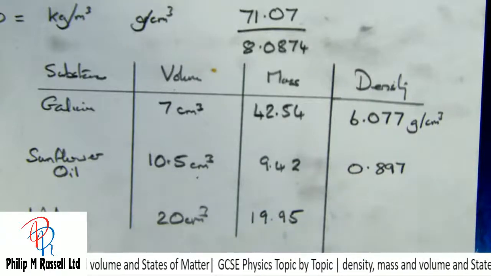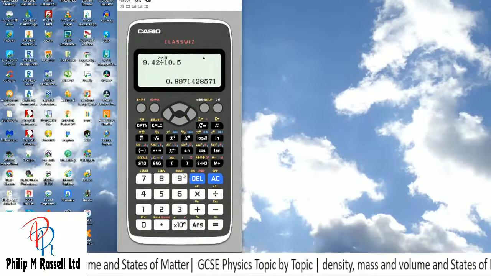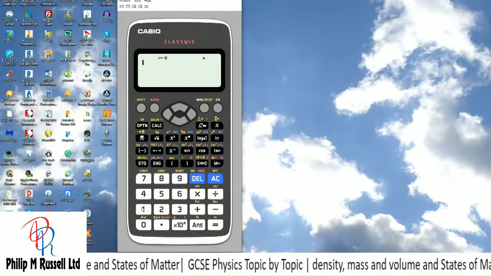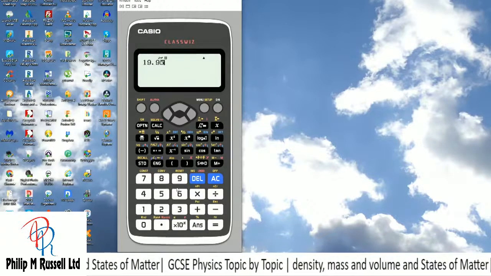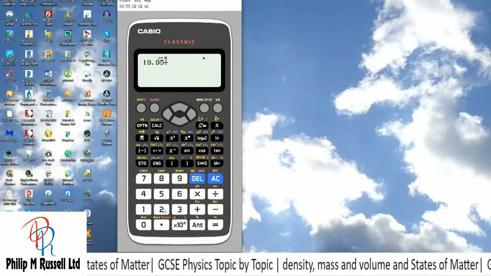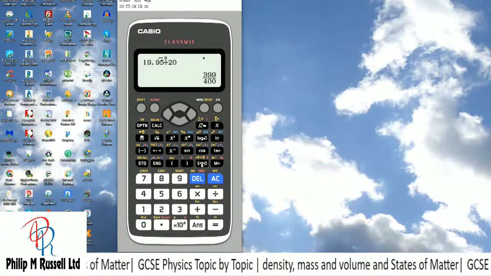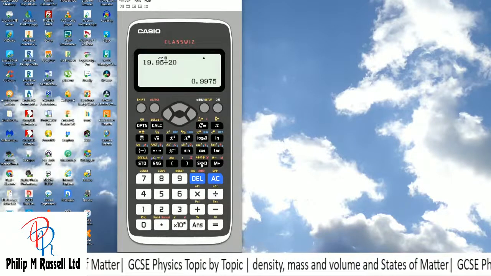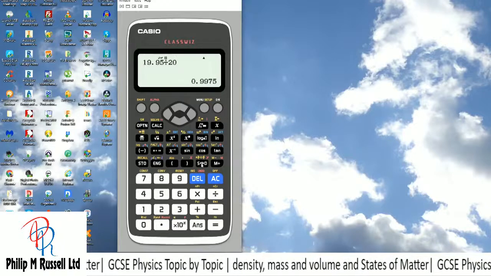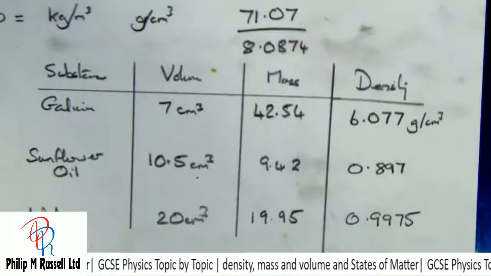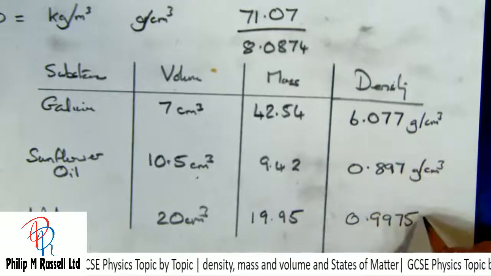And then water, I've got my mass, which is 19.95, and I'm going to divide that by my volume, which is 20, and that's going to give me 0.9975. And all these are grams per centimetre cubed.